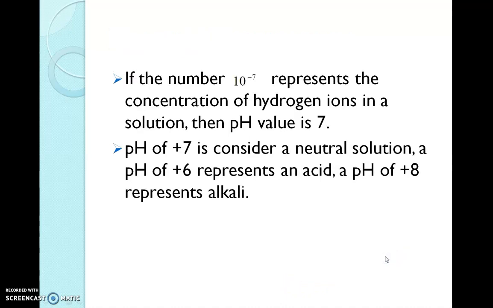If the number 10 power minus 7 represents the concentration of hydrogen ions in a solution, then the pH value is 7. So in 10 power minus 7, that 7 represents the pH value. Pure water dissociates into 10 power minus 7 moles per liter of H plus and 10 power minus 7 moles per liter of OH minus.